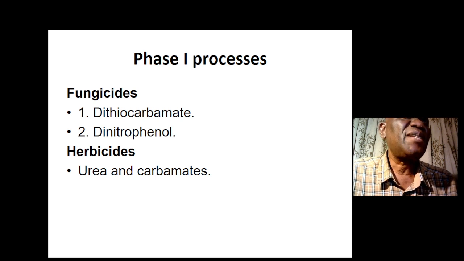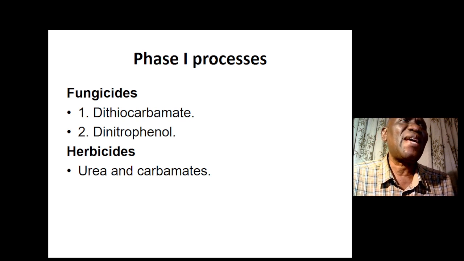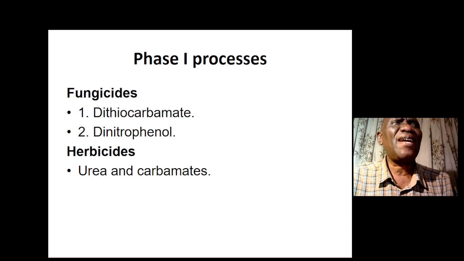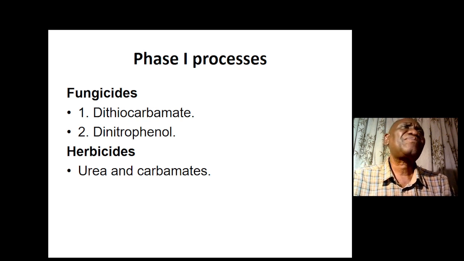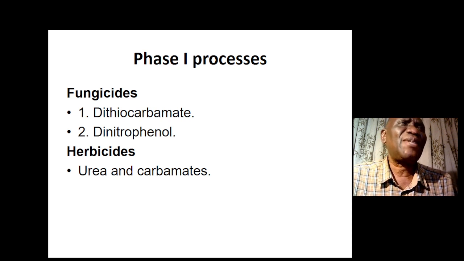Still, phase 1 processes. Let us focus on fungicides. Which groups can be destroyed by hydrolysis? If a fungicide is in the group dithiocarbamate or dinitrophenol, then it's likely to be affected by hydrolysis.